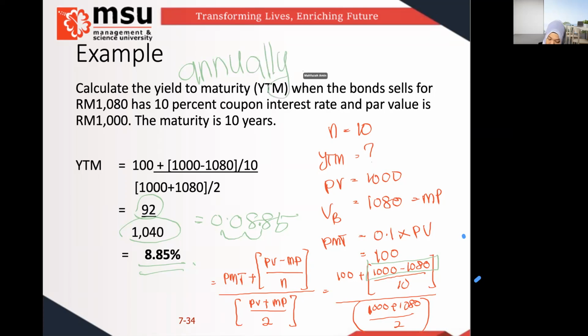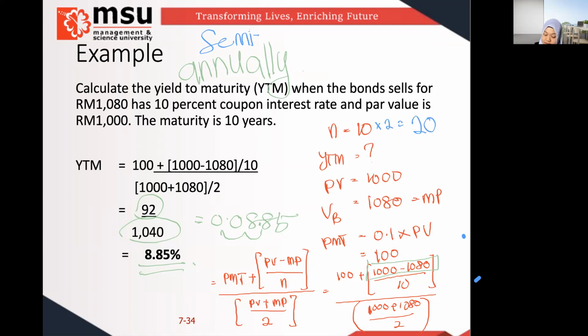Okay, so now what happens if it is semi-annually? If it is semi-annually, the n you have to times by 2, then it equals 20.